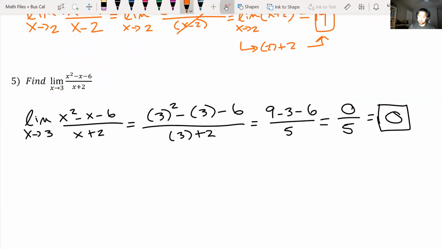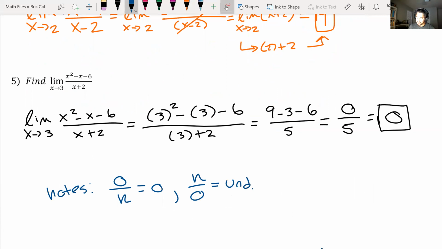So some notes. 0 over any number is 0. Any number over 0 is undefined, but in terms of limits, it will be does not exist.